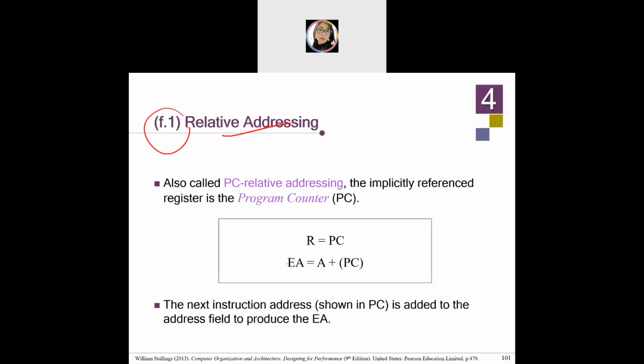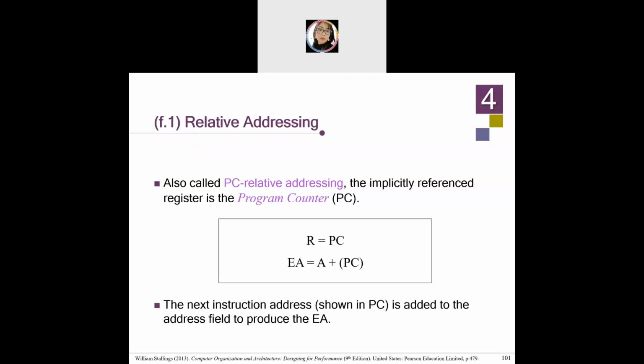Under relative addressing, it is also called PC relative addressing. This is another name for relative addressing. Sometimes in a question, we do not mention relative addressing, but instead directly say PC relative addressing.